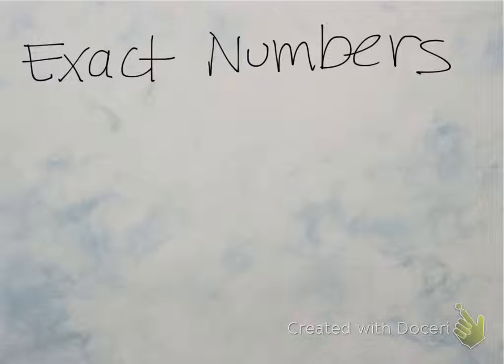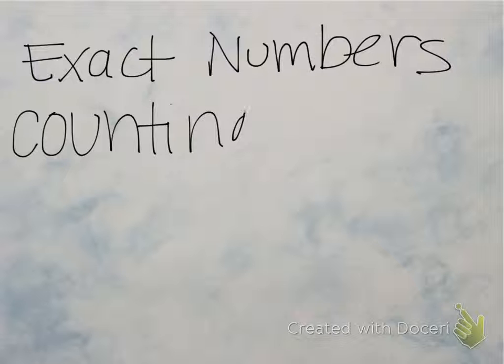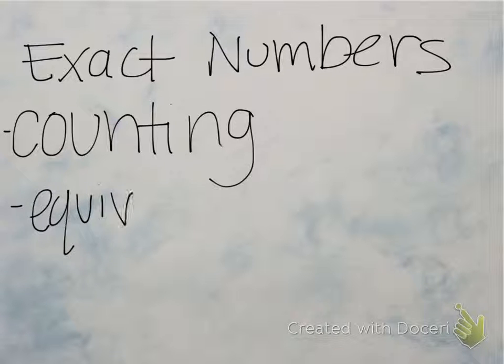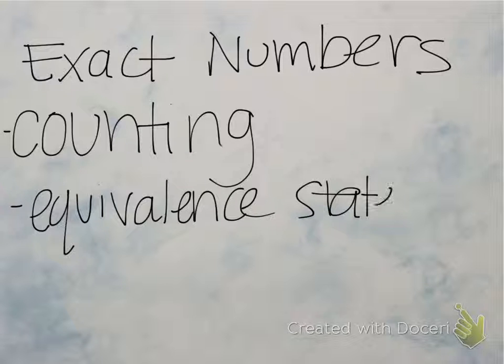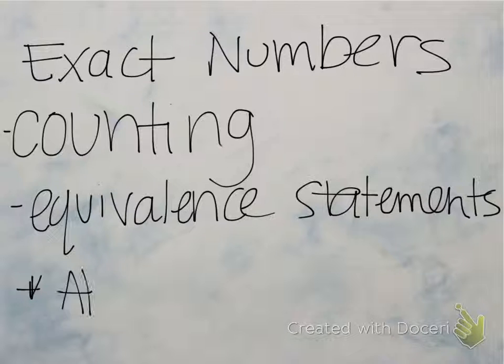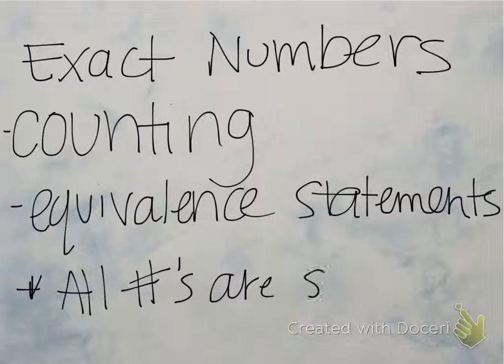So for numbers that are exact, all digits are significant. So when we're doing things like counting or equivalence statements, all numbers are significant.